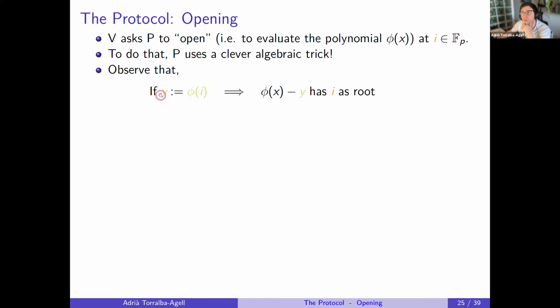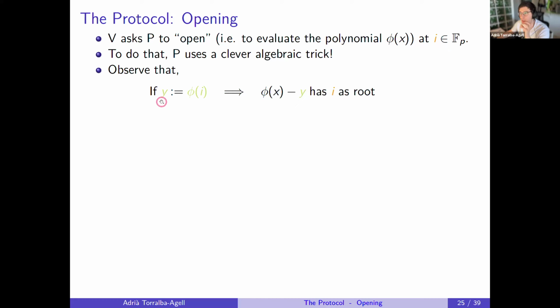If we define y as the evaluation of phi at this point i, remember, phi of x is our polynomial, and now we are asked by the verifier to prove that we know the evaluation of phi of x at this point i that the verifier chooses.